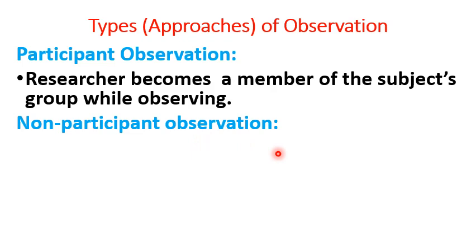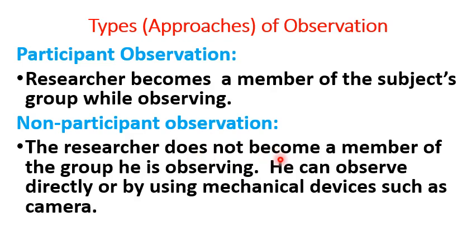Then non-participant observation. The researcher does not become a member of the group he is observing. He can observe directly or by using mechanical devices such as a camera. So he can observe directly or by using a CCTV camera.